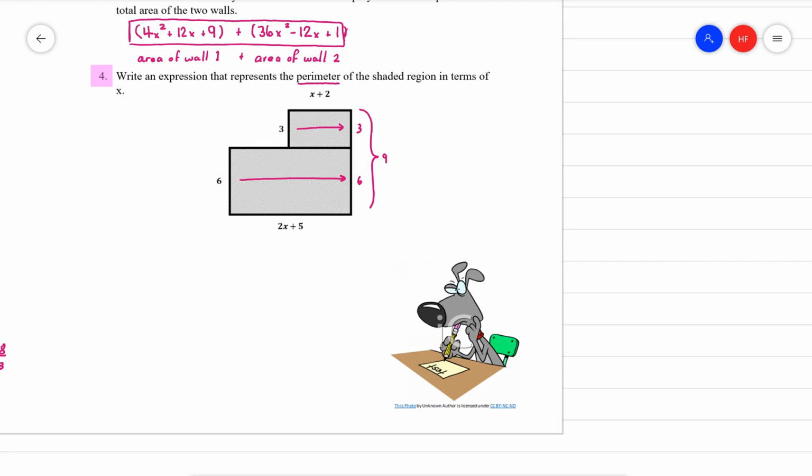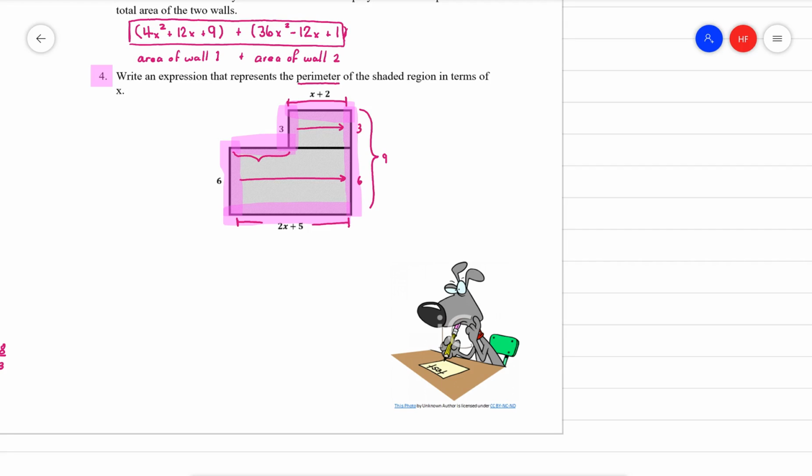So I'm finding the perimeter of the shaded region, so I need to add this plus this plus this plus this plus this plus this. The only one that I'm still missing is this one. So in order to find that one, I would take the full amount minus this piece that I know right here.